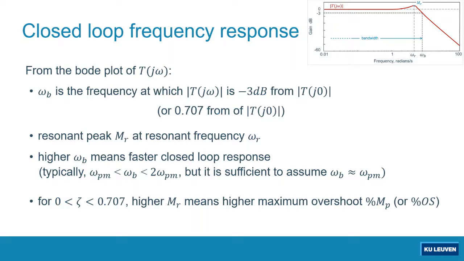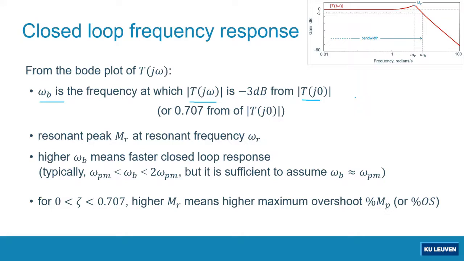From the Bode plot of the underdamped second order system, T(j omega), omega b, based on the definition of bandwidth frequency, is the frequency at which the magnitude is minus 3 dB away from the magnitude at low frequency, at omega very small, close to 0.